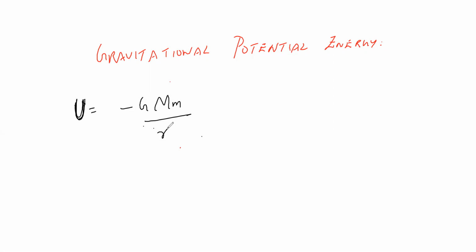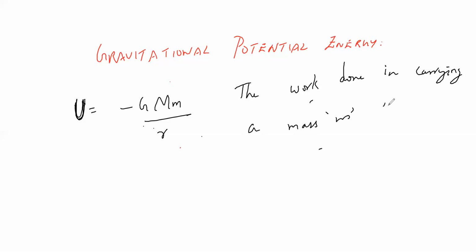This is nothing but the work done, the same definition. Energy means obviously the work done in carrying a mass m from infinity to a point at a distance r.